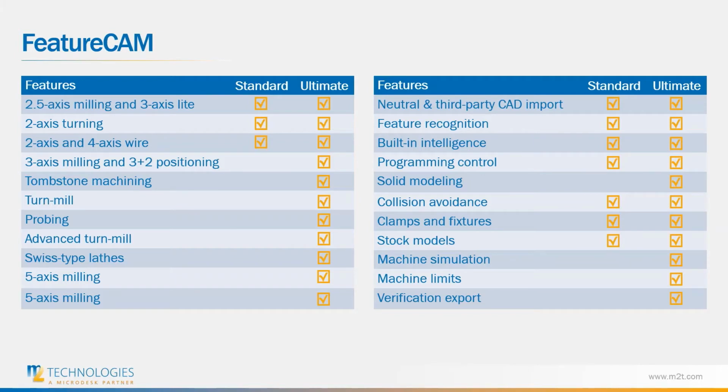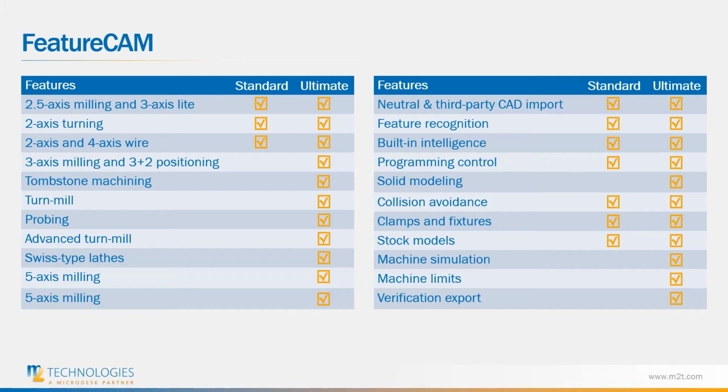And here we can see some of the feature differences between the standard and the ultimate package. As you can see, the standard package allows for 2.5 axis and limited 3-axis milling tools, as well as turning and 4-axis wire.